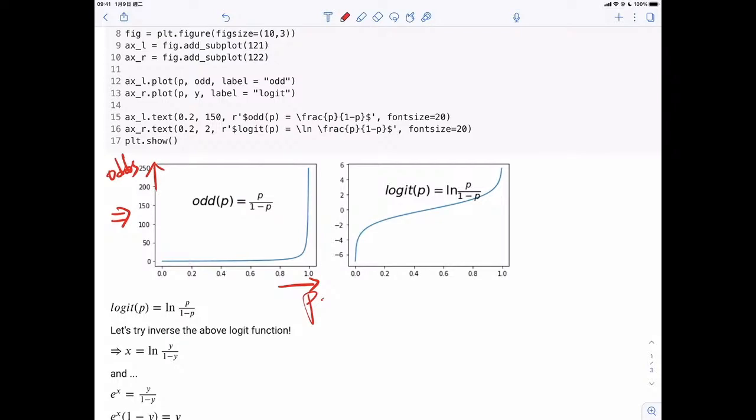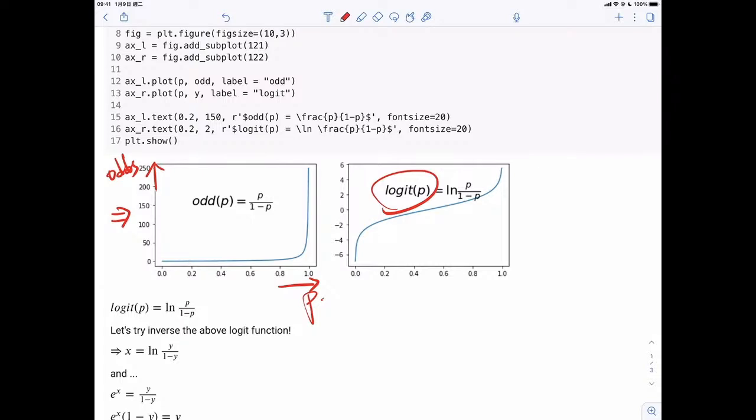That looks quite weird, right? The more chance you win, the more odds you get.